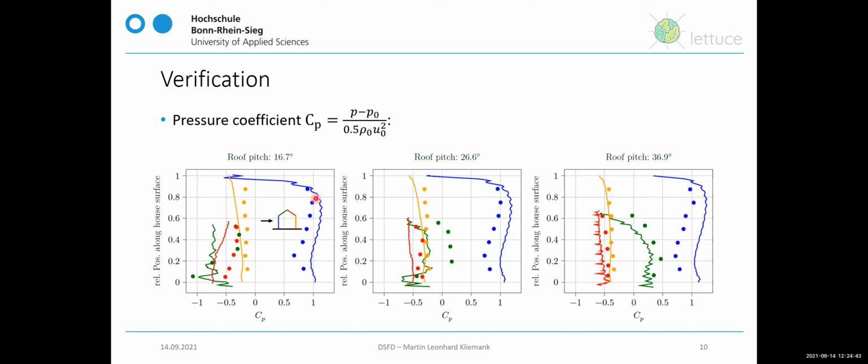And of course, the simulation results again as a line, and the wind tunnel measurements as the dots. And here, of course, we can see that there's less good agreement, especially for the flattest roof. We have a relative difference of about 59%, so quite large.